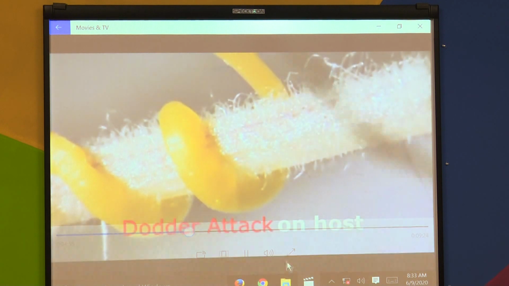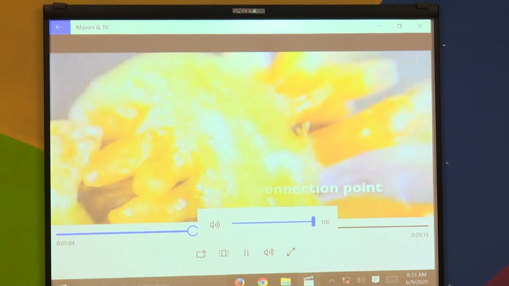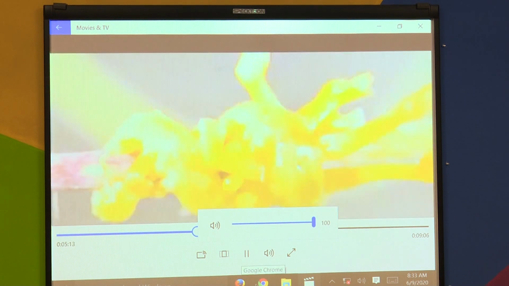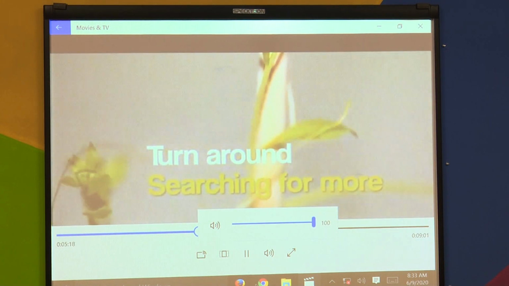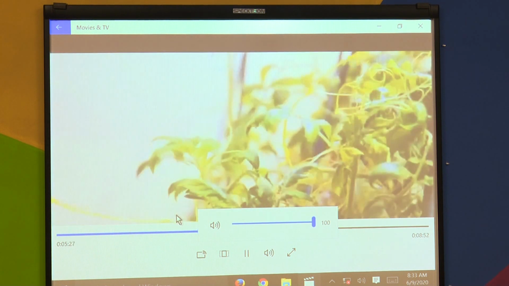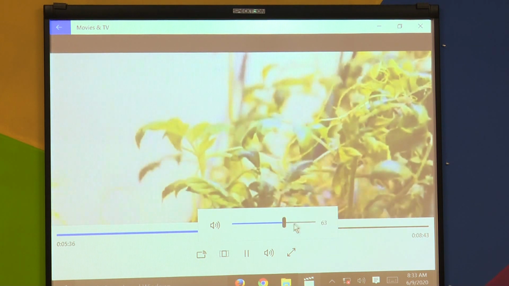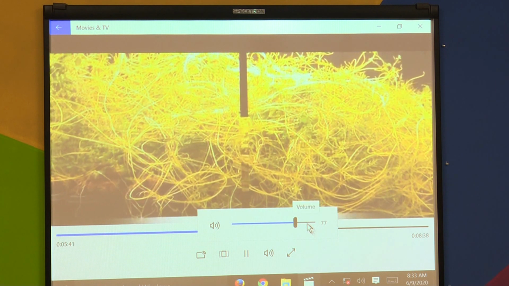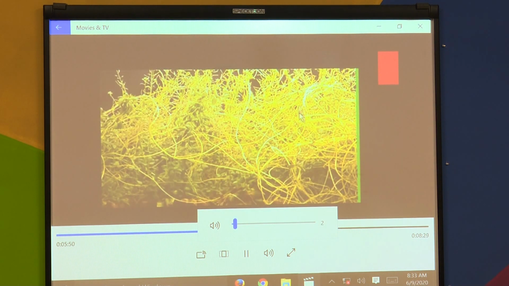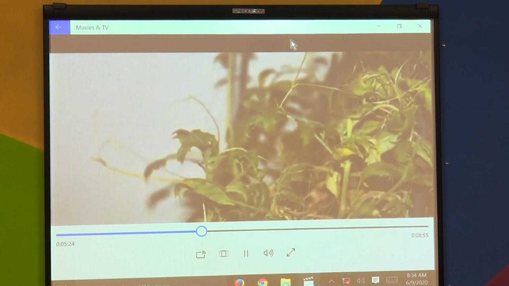Here you can see, after regrowth it is turning around the stems and branches of the whole host plant.